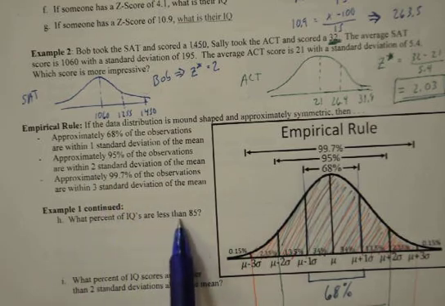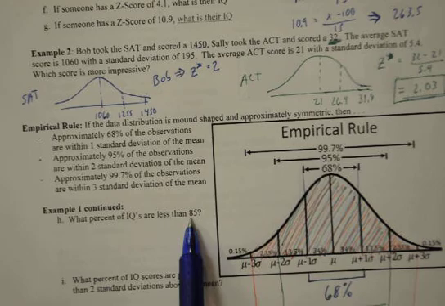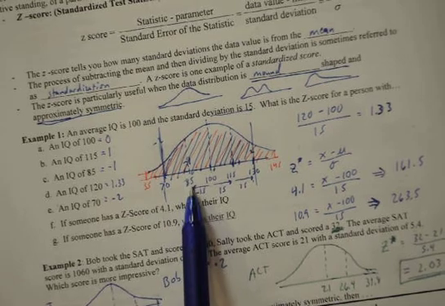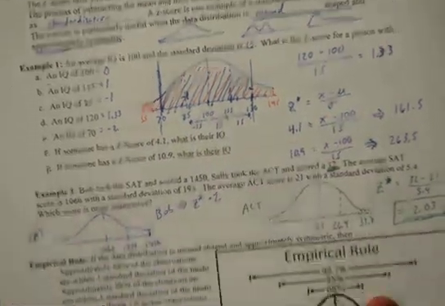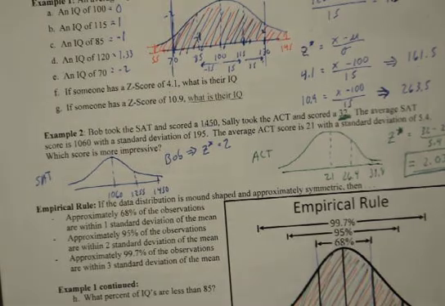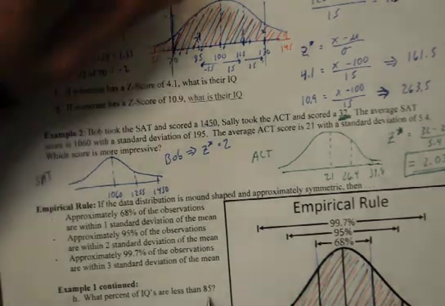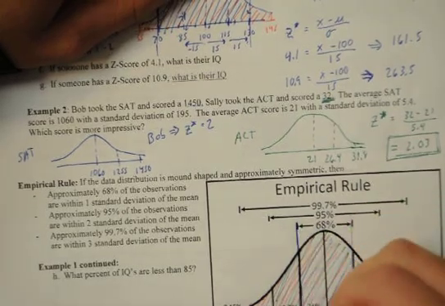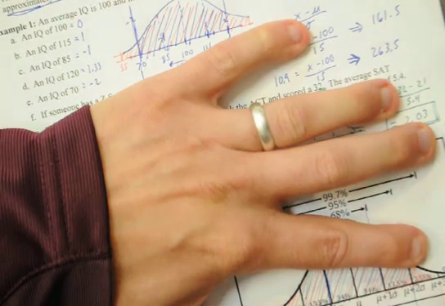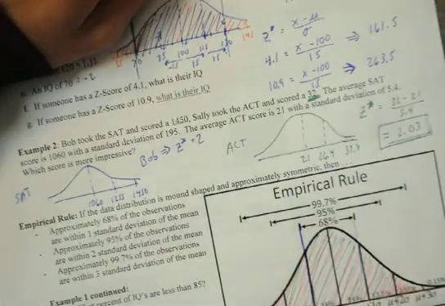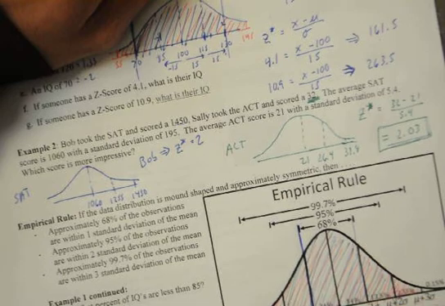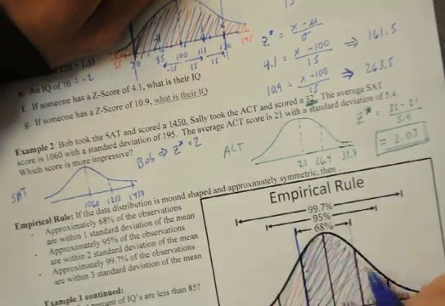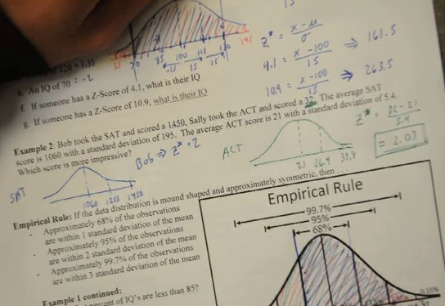What percent of IQs are less than 85? So 85 is 1 standard deviation less than 100. So what percent of IQs are less than 85? So if this was IQ, here's the 85 mark. Remember, this would be 100. So that's going to split this up into this area and this area.